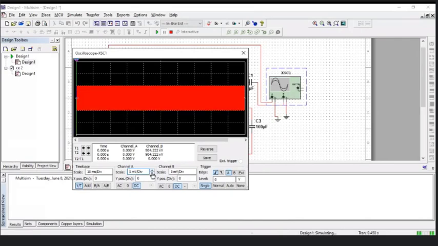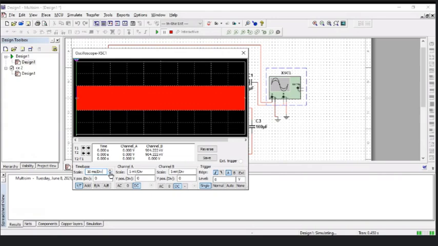Look at the time scale, 10 millisecond per division, on the left hand side. You just decrease it. One more time. Okay, fine. Now you can take a cursor.